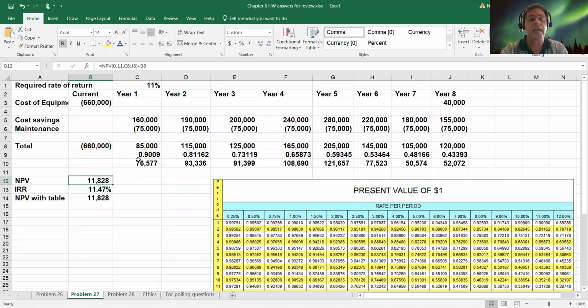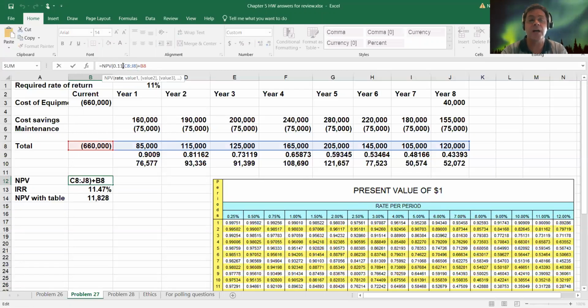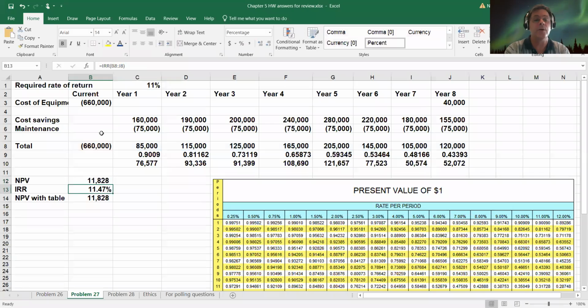So here, if you used the NPV formula, you've got the NPV of 11%, comma, highlighting the cash flows across as it's shown there, and then add the negative or subtract it if you put it positive dollars, and that will give you your net present value, which is 11,828.